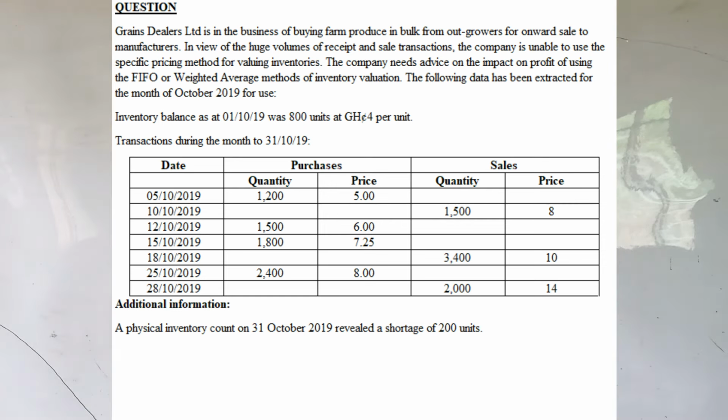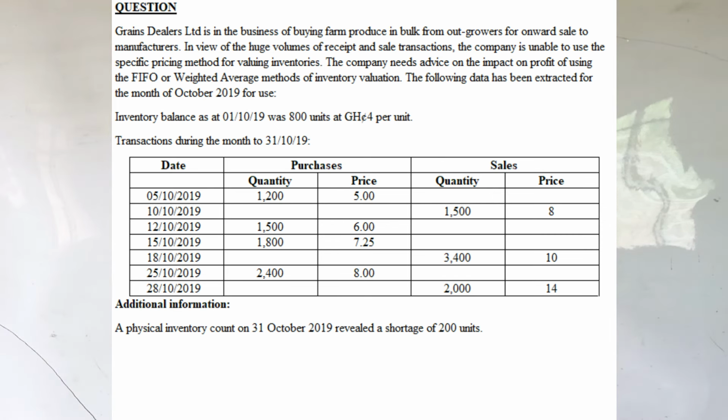The company needs advice on the impact on profit of using the FIFO or weighted average methods of inventory valuation. The following data has been extracted for the month of October 2019. So we have inventory balances as at 1st October 2019. That is 800 units at 4 Ghana cedis per unit.